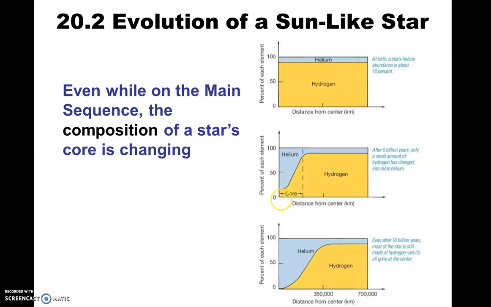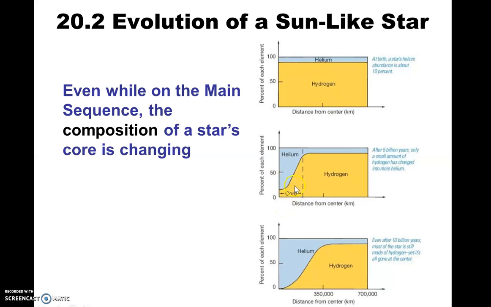So what's happening is there's still hydrogen fuel, but of course for the last 4.5 billion years it's been converting that hydrogen into helium, and so you get, where's my mouse? There it is. So you get a good amount of helium at the core. All right, so keep that in mind.